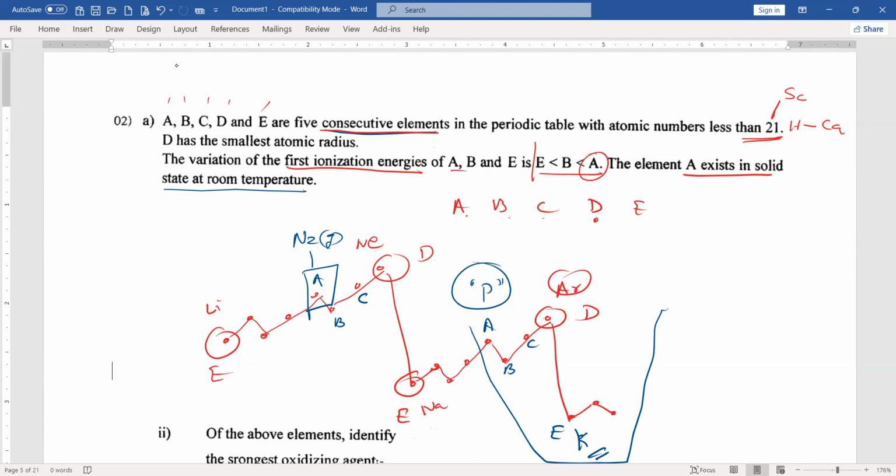And A has the highest ionization energy among E, B, and A. See, that's correct. Then the elements are: A, phosphorus; B, sulfur; C, chlorine; D, argon; and E, potassium.